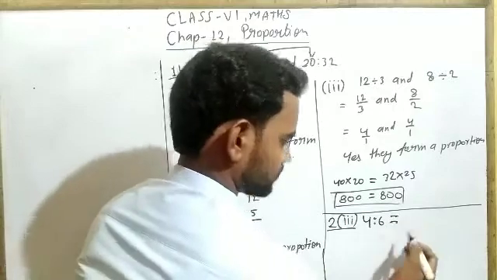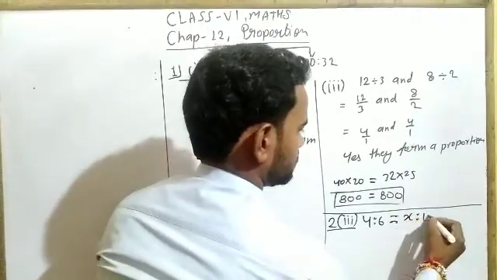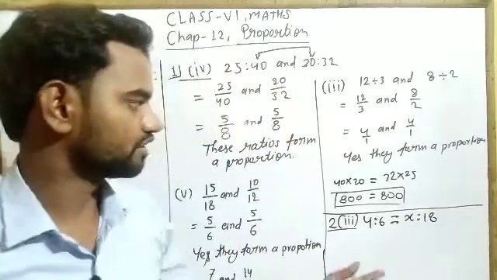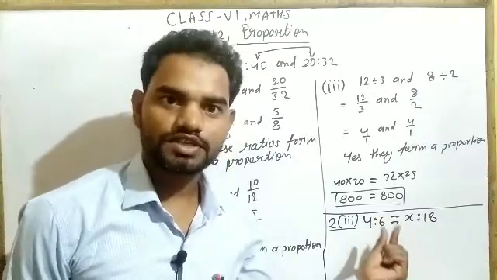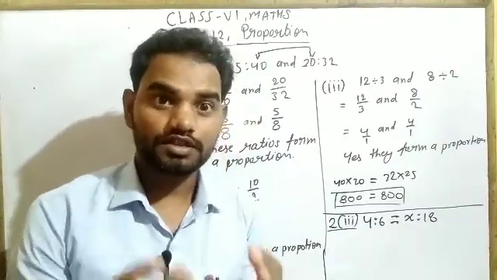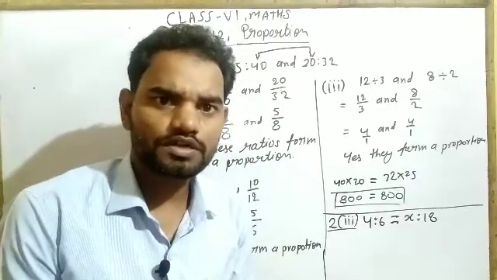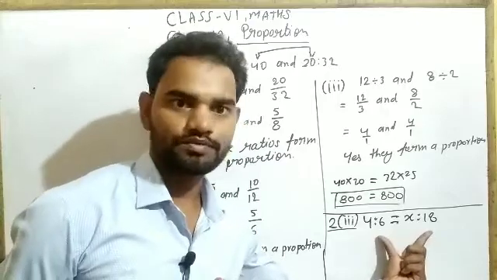Equal is given in the question. Sorry, 4:6 equal to x ratio 18. The question says they are in the form of proportion. It means the product of means should be equal to the product of extremes.